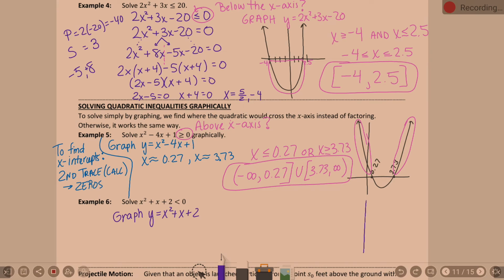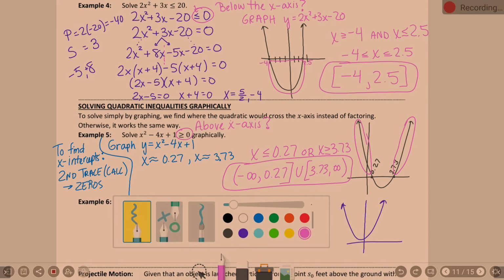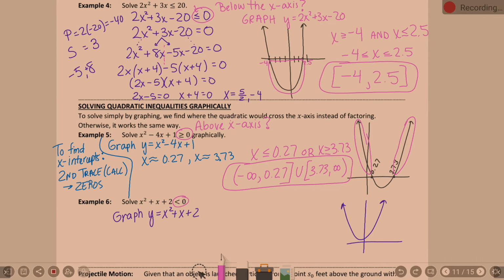It doesn't touch the x-axis. That could be good or that could be bad. In this case, bad, because what did we need to ask ourselves here? Where does it go below the x-axis? This was a less than 0. So we needed to know when does this go below the x-axis. And when does it go below the x-axis? Never. Graph never goes below the x-axis, so this is no solution.